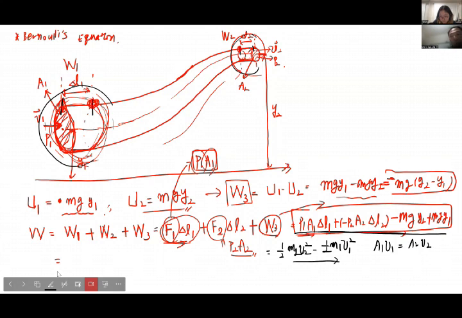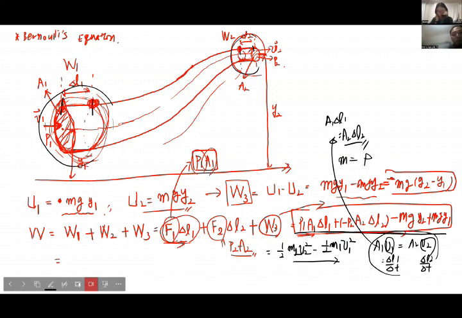But this one is also the same as delta L1 over delta T, and this one is delta L2 over delta T. So that is the same as A1 times delta L1, A2 times delta L2. And the mass itself is density times A1 times delta L1, which is the same as density times area times delta L2. Okay, so same mass rate.